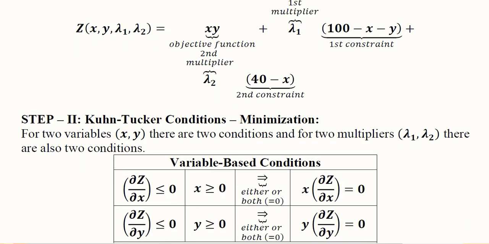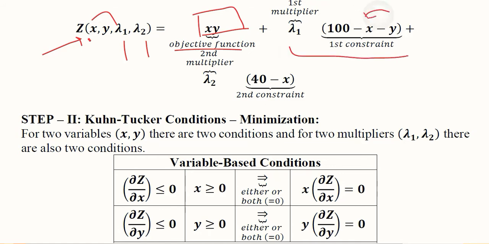Now you can see that we have formed the Lagrangian function. Z is a function of x and y, those two goods that were there in the utility function, and we have the first multiplier, second multiplier, because the objective function is now added with this term, which is the first constraint, molded in a way where the constant remains in its place, and the variables get shifted to the right hand side, and hence this is equal to 0.